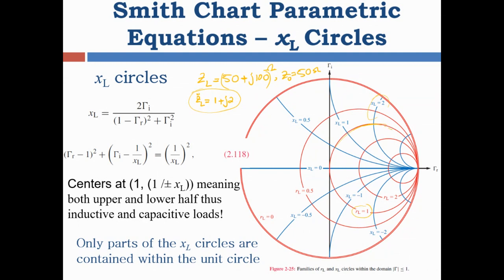And if you go around, this is circle 1, all of them, for an infinite number of gammas. So the real part is equal to 1, which is that point, and the imaginary part is equal to 2. So the location of the impedance on the Smith chart is going to be exactly at that point that I put in yellow here.